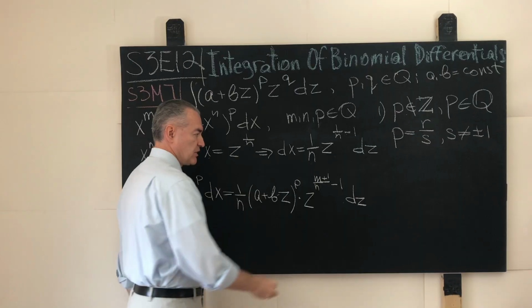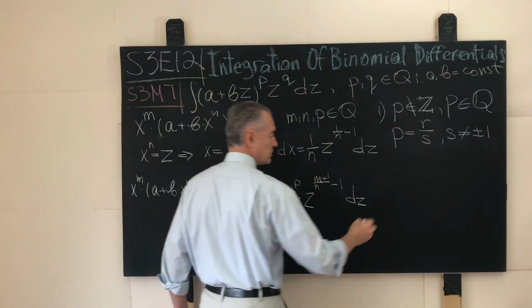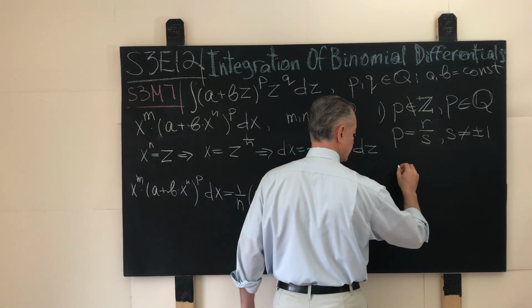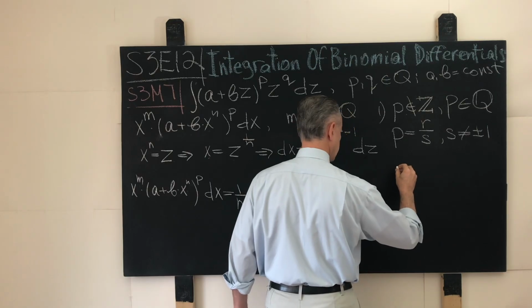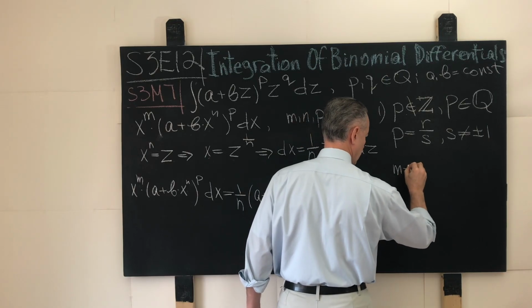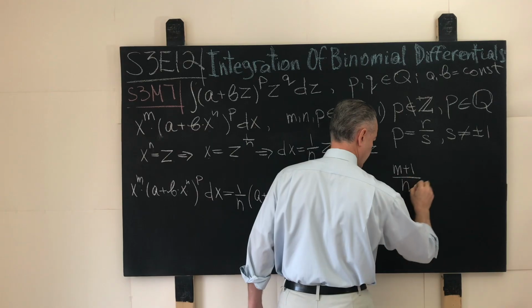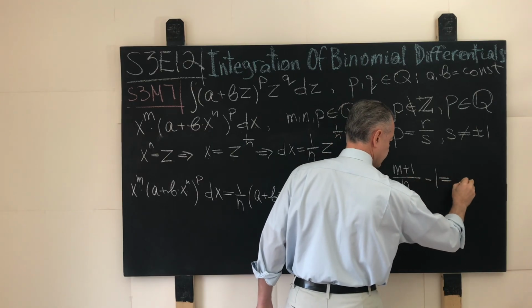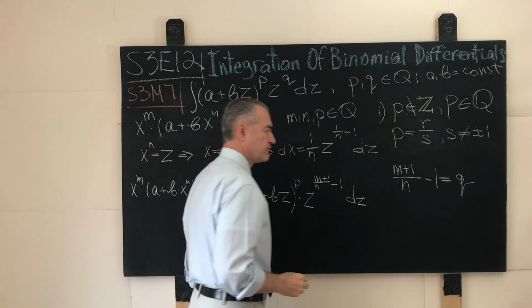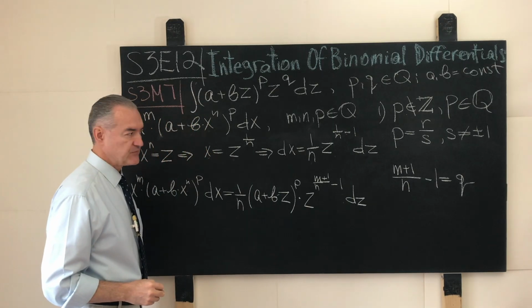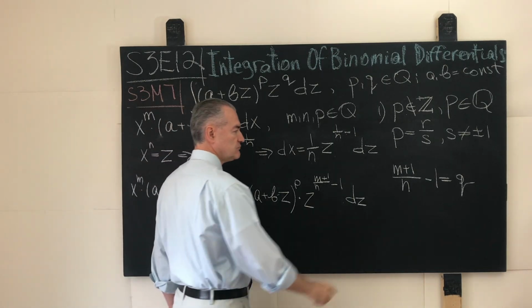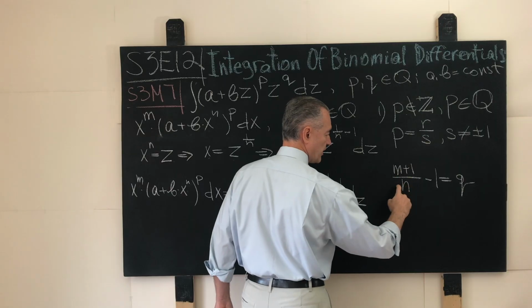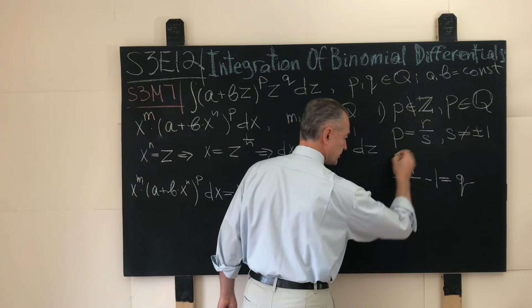Now, because this number is somewhat clunky to work with, let us agree on the following idea. So we will designate m plus 1 over n minus 1 as the number q. You see, this is our designation. And where did this come from?